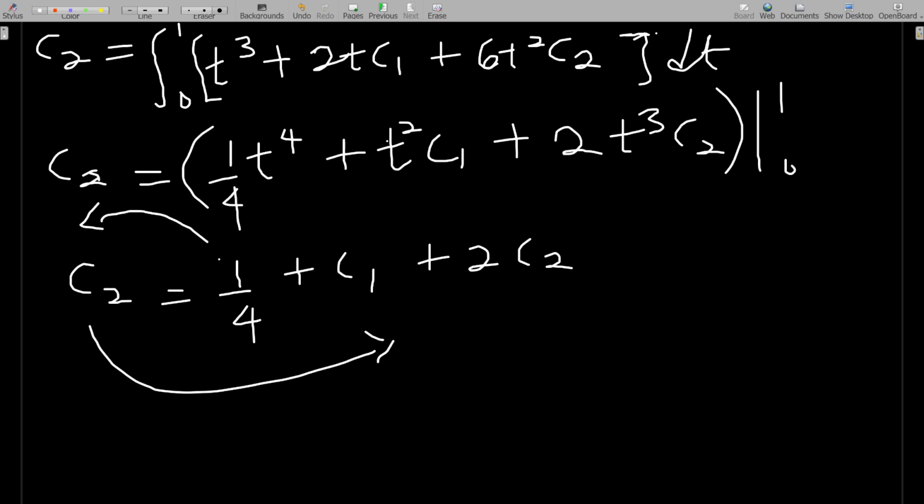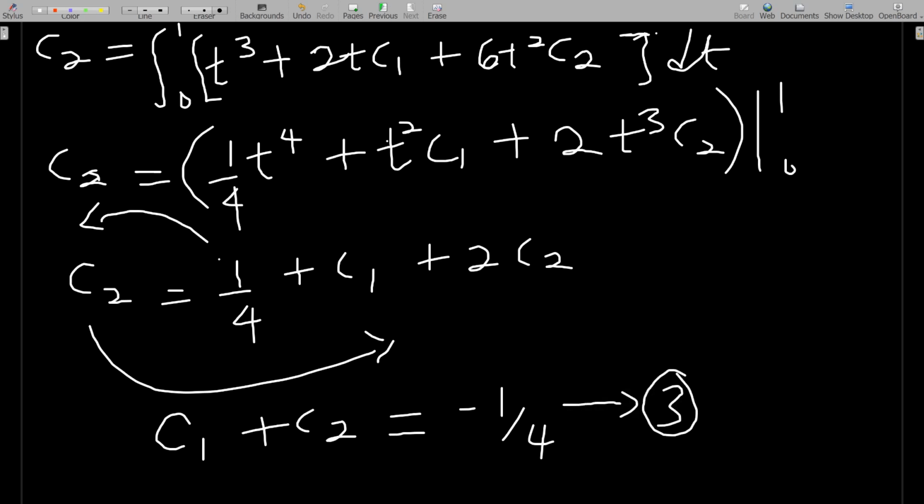So it means I'll get C1 plus C2 is equal to, when I bring 1 over 4 to the other side of the equation, minus 1 over 4. I hope you get what I'm trying to say here. All right, so this is what I have here as the third equation.